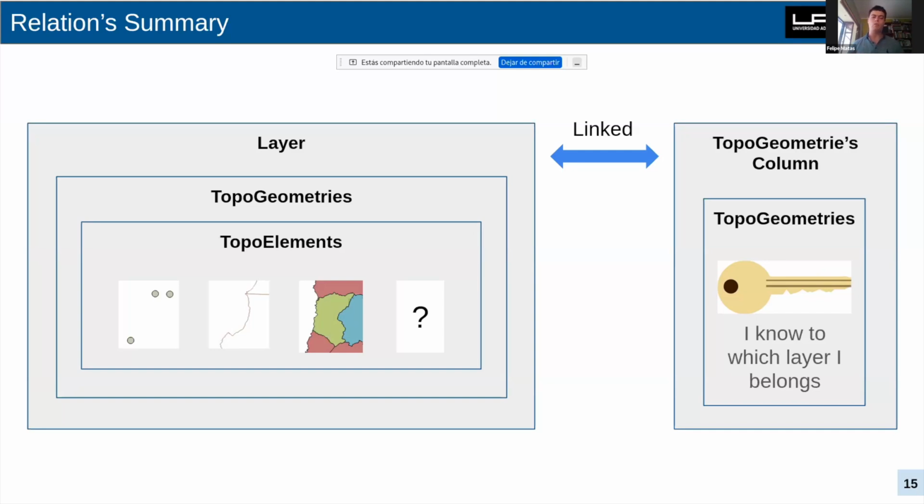The layer is what will store topogeometries, each of which will store topo elements. Each topo element can represent a node, an edge, or a face. So from now, we only need to remember the structure. To create any topogeometry, we need to specify to which layer it will belong to keep the relations.